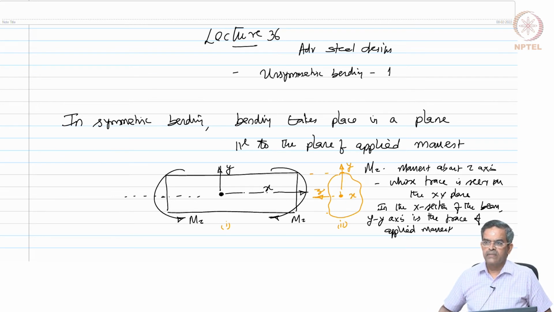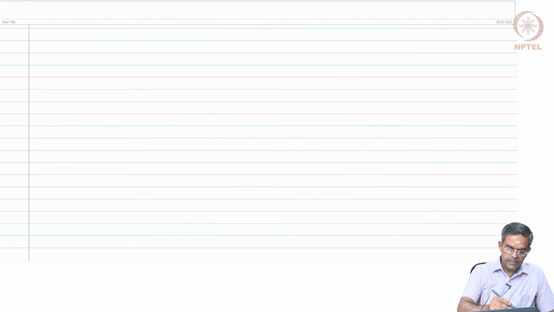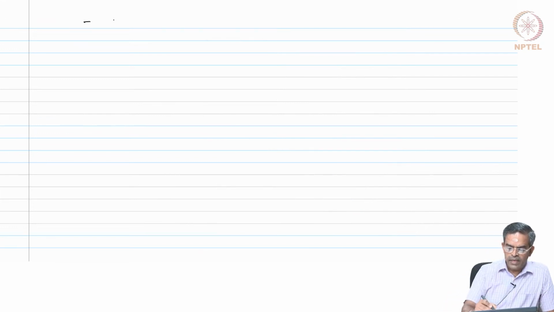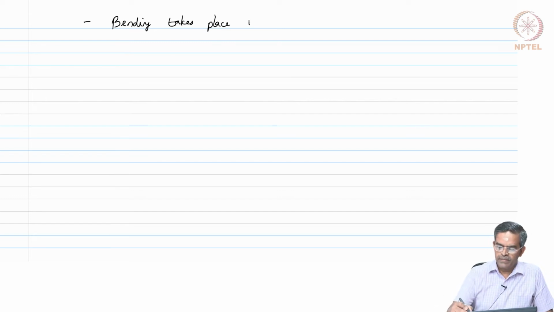The z axis is the axis about which moment is applied. Okay, we call that Mz. Having said this, we can now write a condition saying bending takes place in a plane parallel to the plane of applied moment.